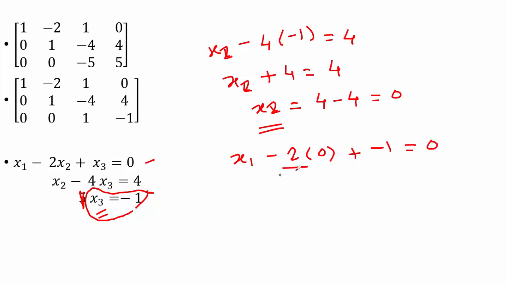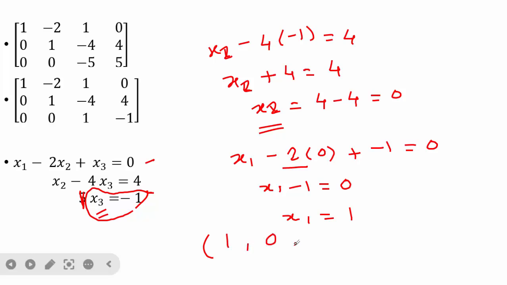This term is 0. Therefore, we will get x1 minus 1 equal to 0, and hence x1 equal to 1. Hence, solution is x1 1, x2 0, x3 minus 1. 1, 0, minus 1 is the solution of this system.